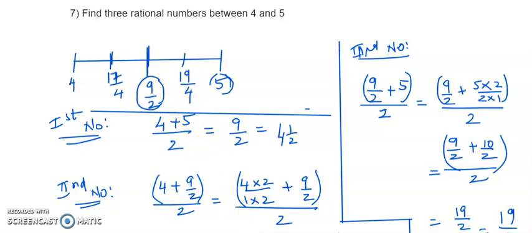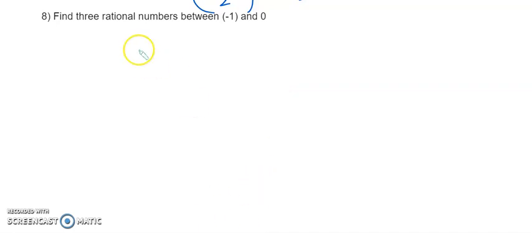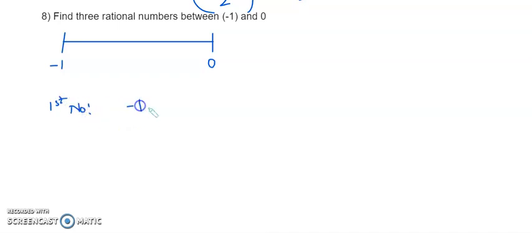Let's take one more to understand it. I'm taking two numbers, minus 1 and 0, and I need to find three numbers. Minus 1 lies on the left side and 0 on the right side. For the first number, minus 1 and 0 have to be added and divided by 2. So it's going to be negative half, which is exactly minus 1 by 2, correct?